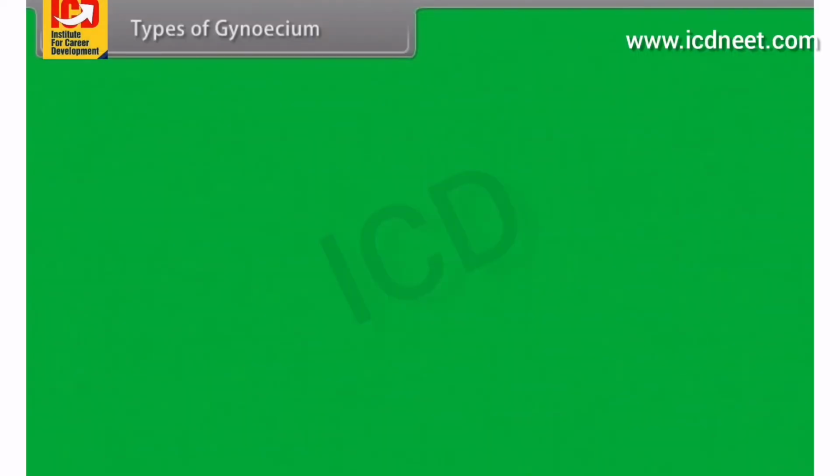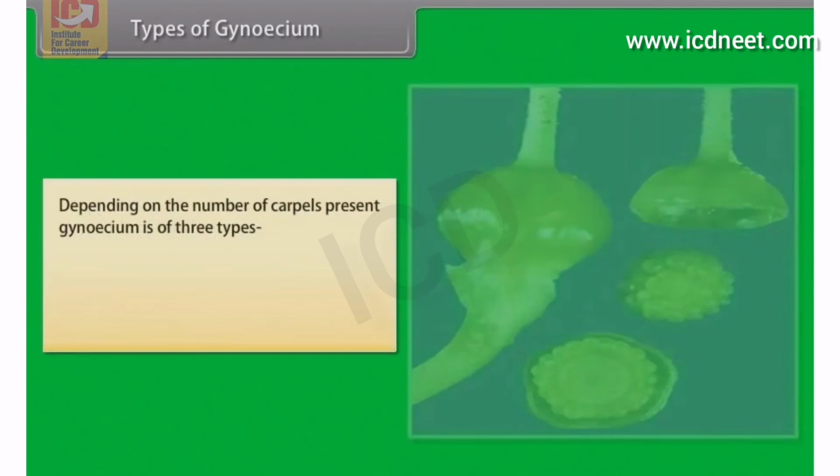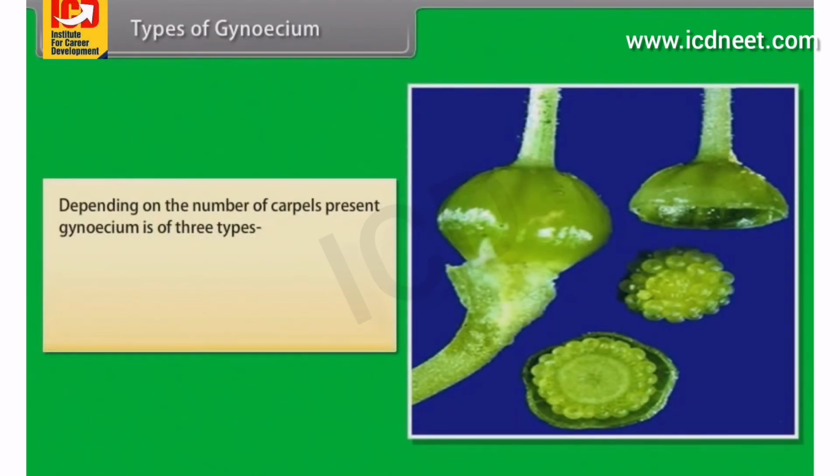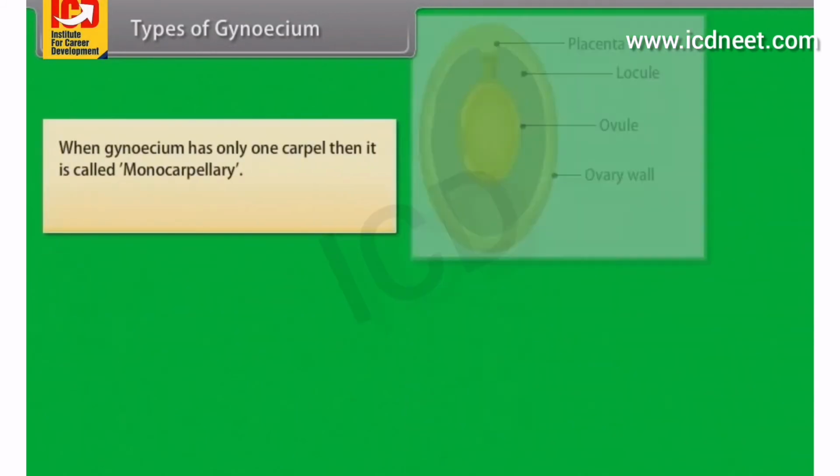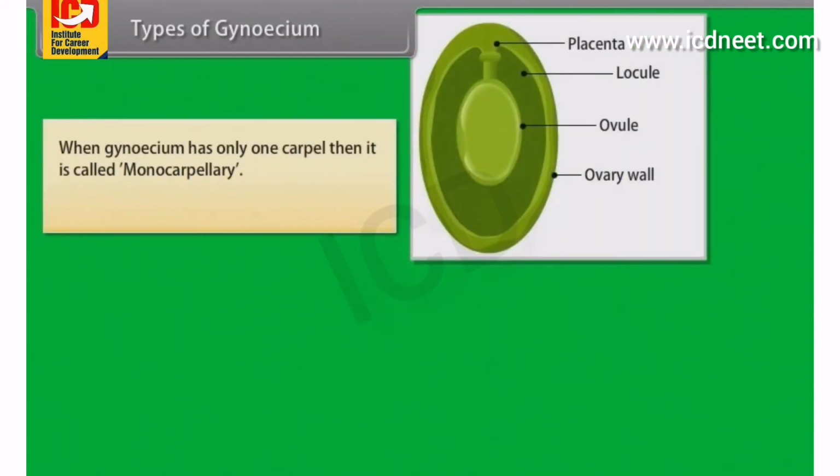Types of Gynoecium. Depending on the number of carpels present, Gynoecium is of 3 types: monocarpellary, bicarpellary, polycarpellary. When Gynoecium has only 1 carpel, it is called monocarpellary. Example: pea, Leguminosae.